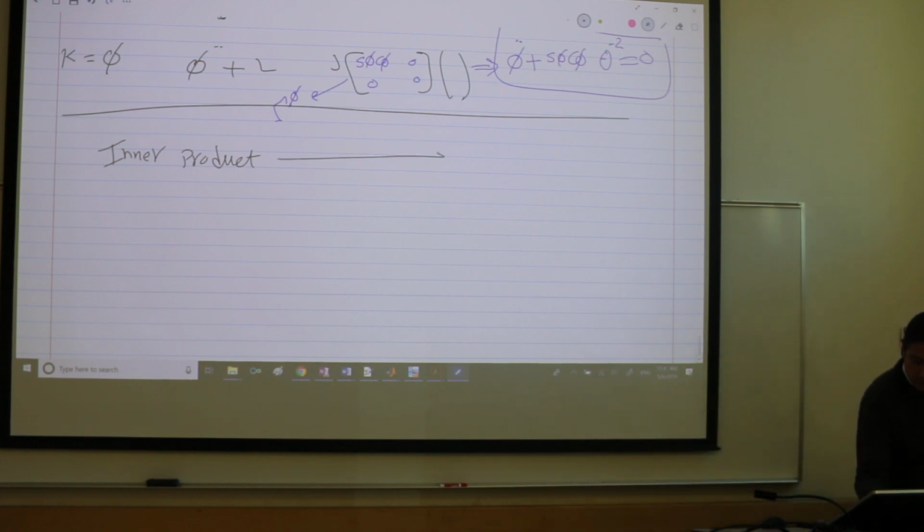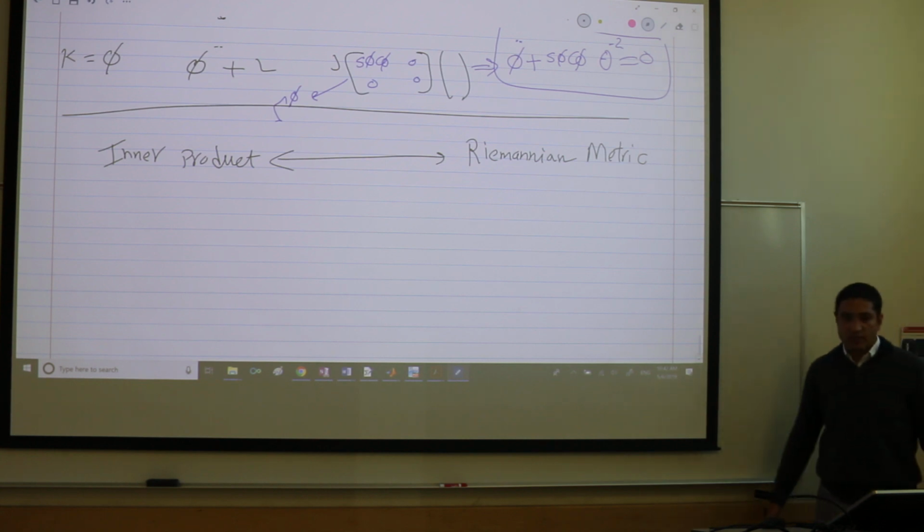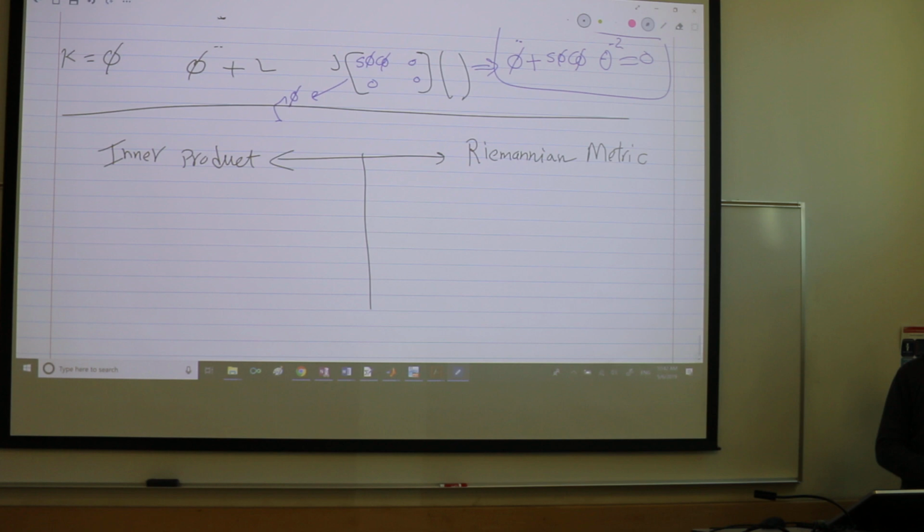So for the inner product, we're going to define something analogous to the dot product on the manifold, which we call Riemannian metric. It's called the metric, although it's really a dot product. It's an inner product. Okay? How do we do dot product in Euclidean space?